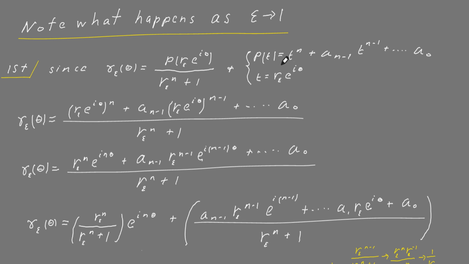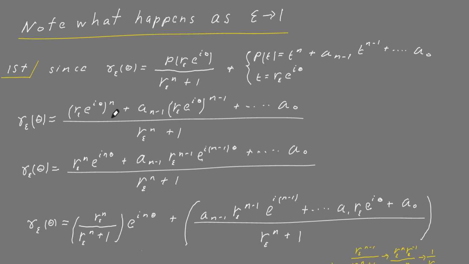So the first term is going to be this raised to the n, which is over here. Then I'm going to have a sub n minus 1 over here. That's going to be times t raised to this, but t is this. So I'm going to have this expression here to the n minus 1 plus the additional terms.